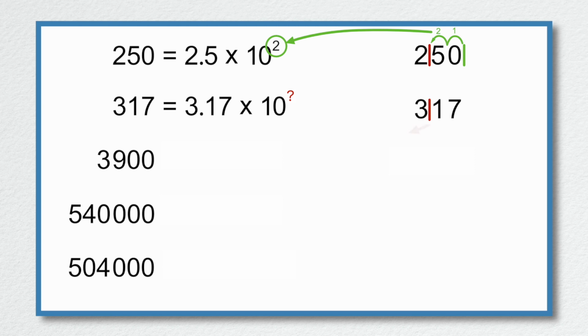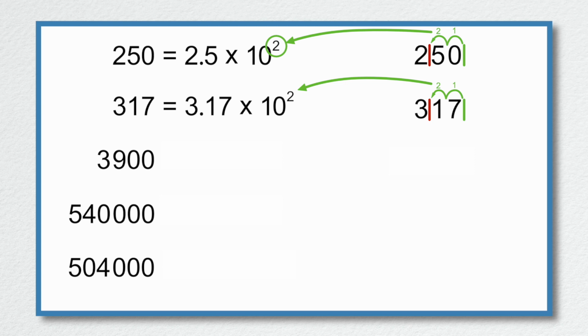Here's our cutoff point, and there's where the decimal point is. We need to count the moves from the decimal point to our cutoff point. 1, 2. And again, we have 3.17 multiplied by 10 to the power of 2.